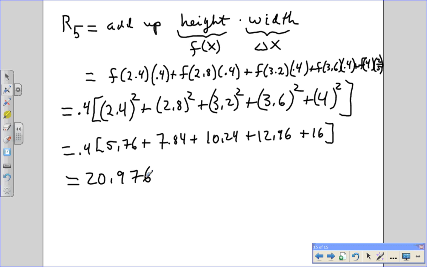Now, the question becomes, is that an overestimate or an underestimate? Well, you can look at your graph to determine that.